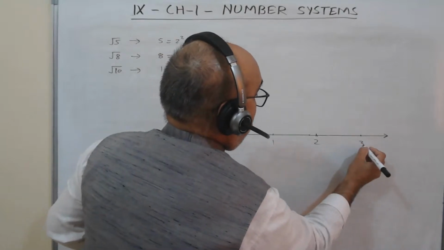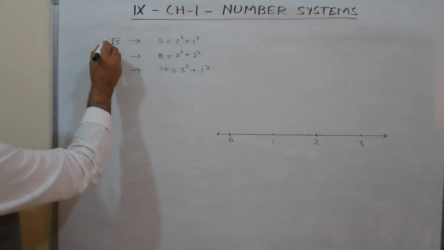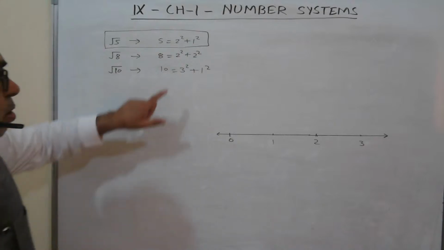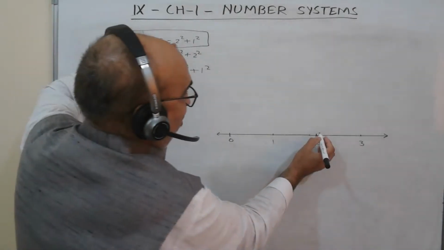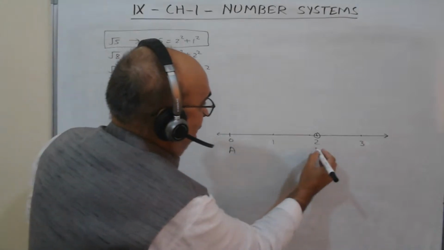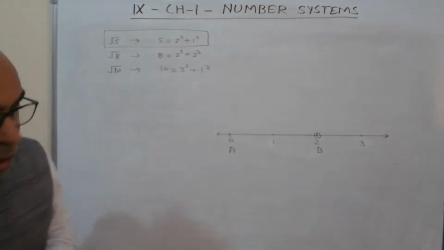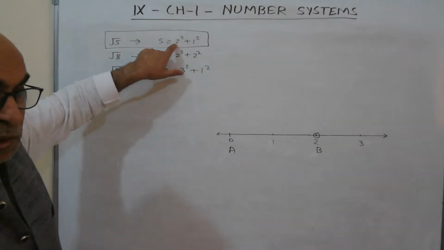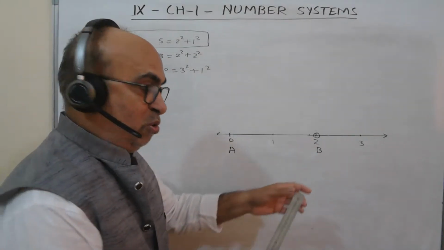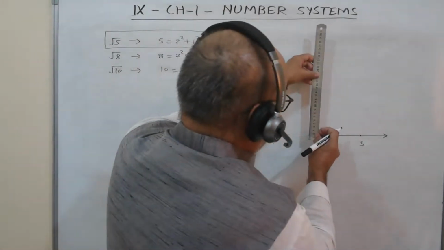So I'm doing this. The bigger number is 2, so I will represent 2. This is 2. Suppose it is A and it is B. So the first number is 2. So here you draw a perpendicular passing through 2 with the help of a protractor.